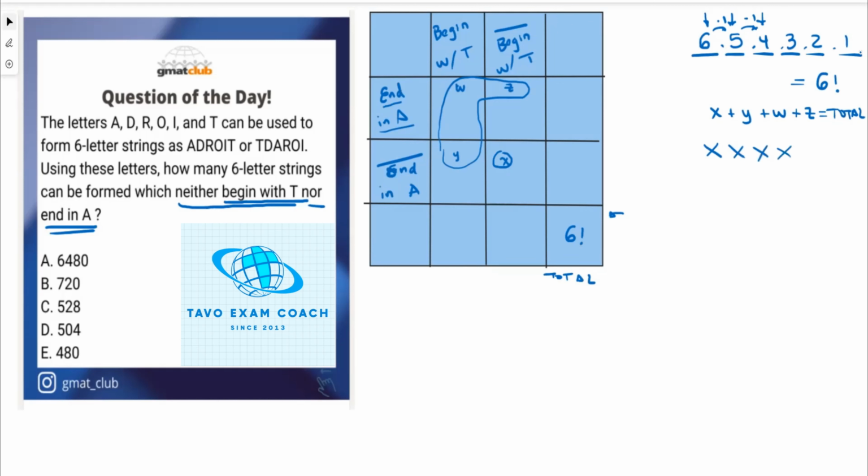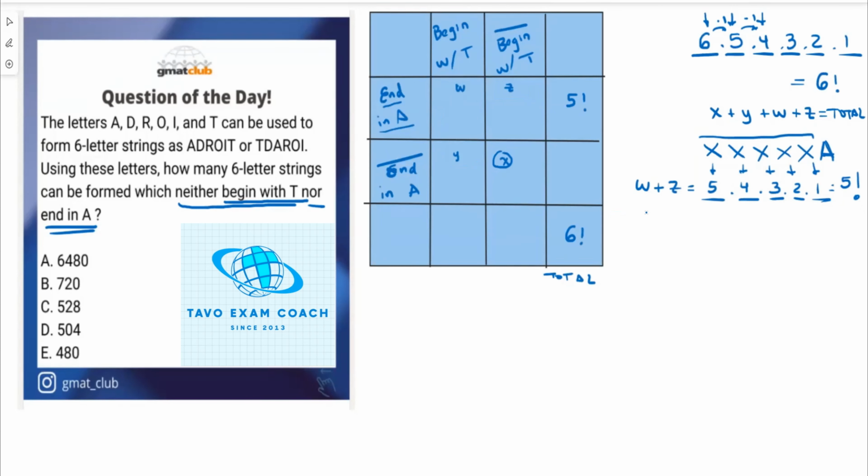You have these strings of letters ending in letter A, and according to the principle of multiplication, we have the 5 positions for the first 5 letters, and we can select any of the other 5 letters in the first, any of the remaining 4 in the second, and so on, always decreasing by 1 the number of options. In the 5th letter of the string, we would have just 1 option. So this product here, which yields 5 factorial, is the total number of strings ending in A. So we have that this is totally 5 factorial.